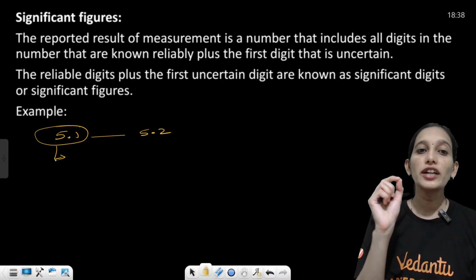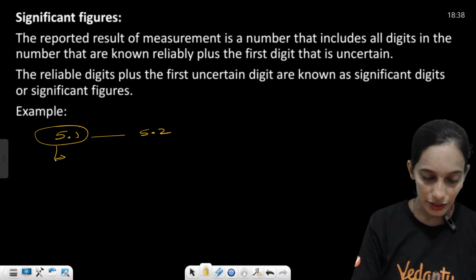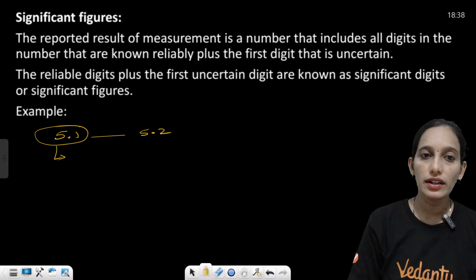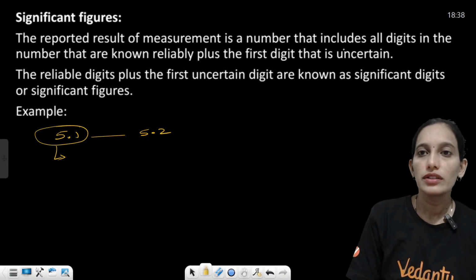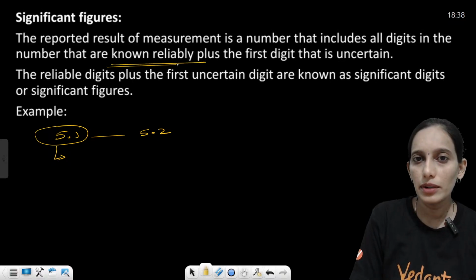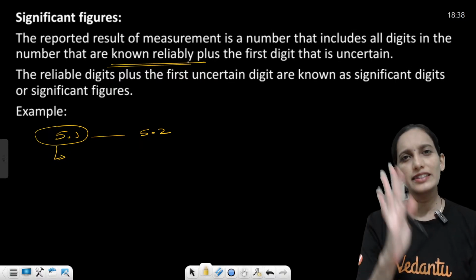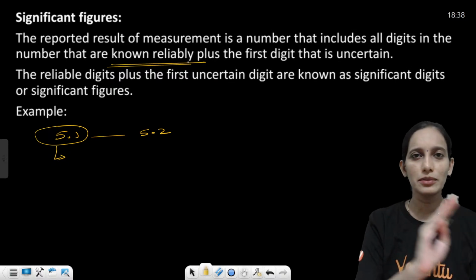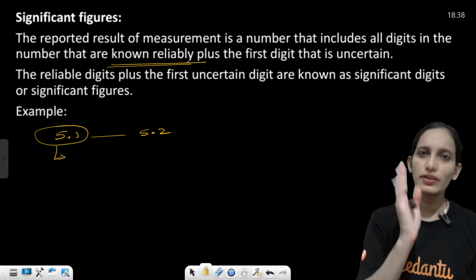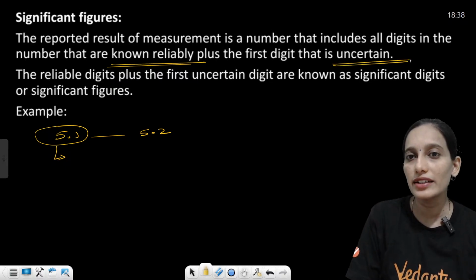In that, 0.1 centimeter is not accurate. That's uncertain to me. So these are the numbers that are reliable, the numbers which are known to us properly. Reliable means we know it correctly: it is 5 centimeter, there is no doubt in that, it is not 4 centimeter, not 6 centimeter. It is 5 centimeter and plus one uncertain digit.